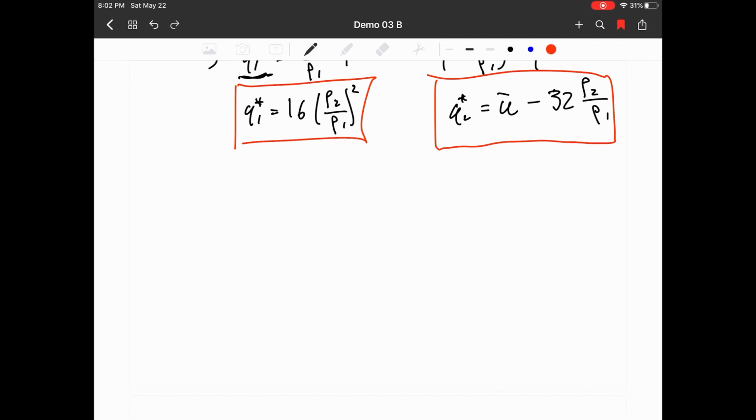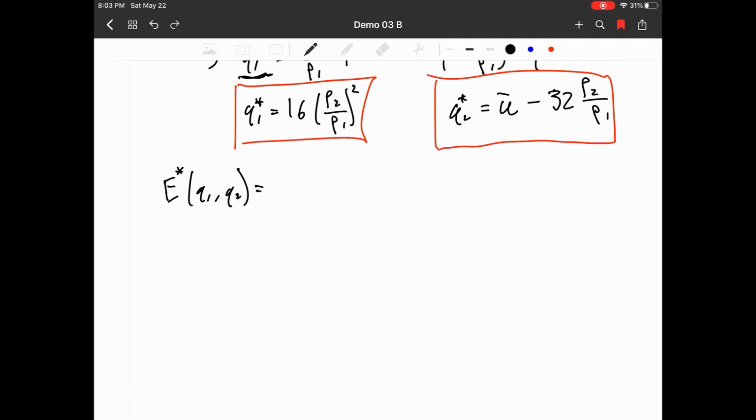Okay, so the expenditure function, we're going to call this E star, is a function of q1 and q2.